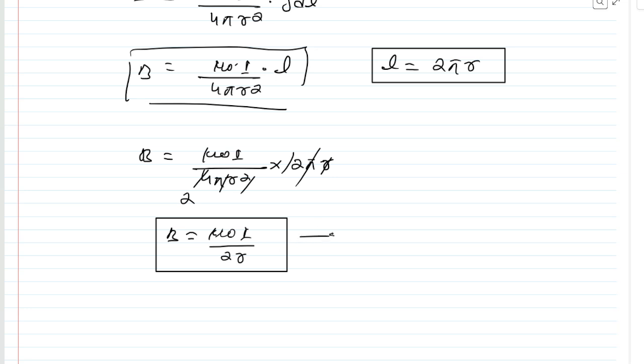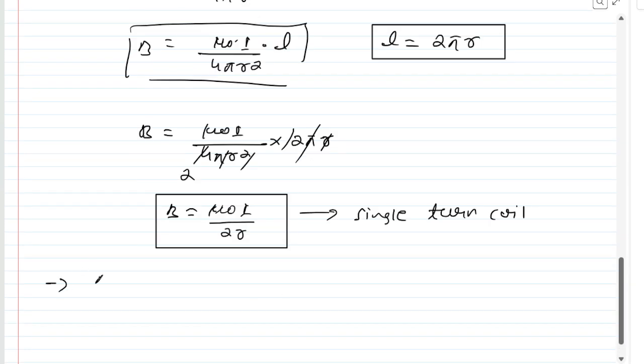If it is a single turn coil, then it's fine. And if it contains N number of turns, then for an N turns coil, the magnetic field will be mu naught into capital N into I upon 2r.